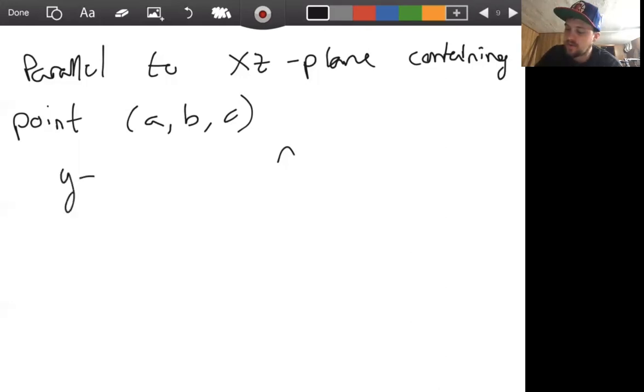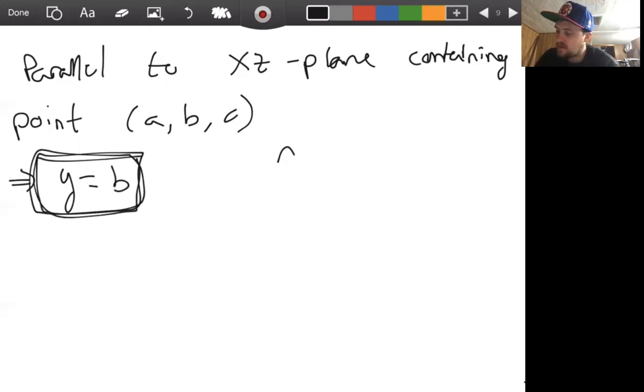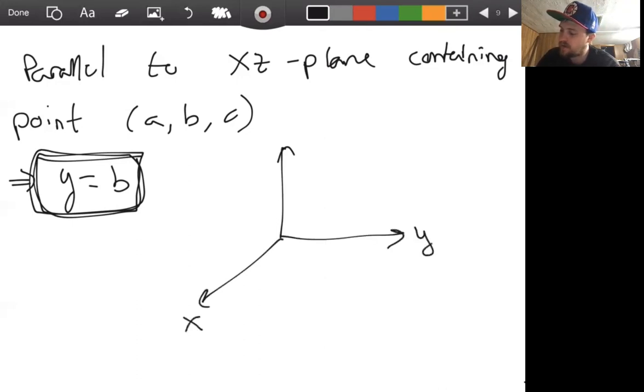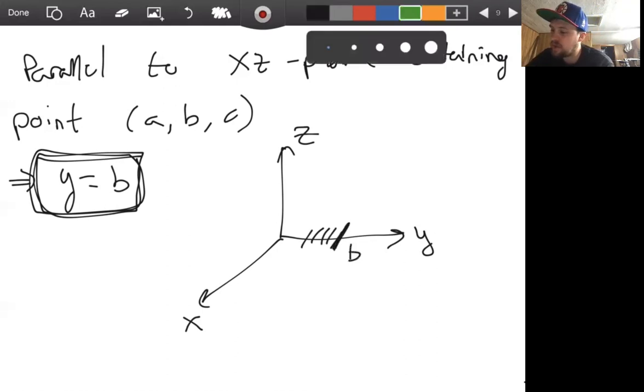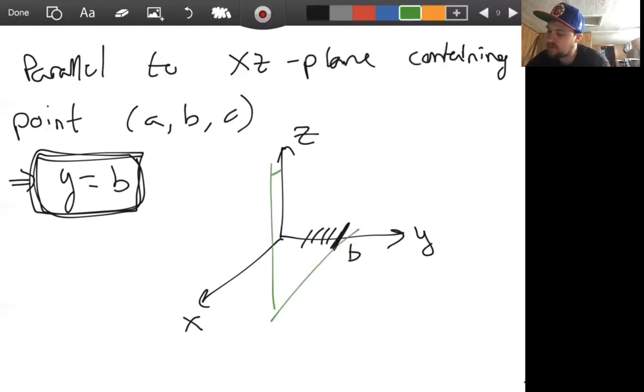So this is given by the equation Y equals B. Now X and Z have the freedom, but somewhere we have the value Y equals B, and that's our only restriction.